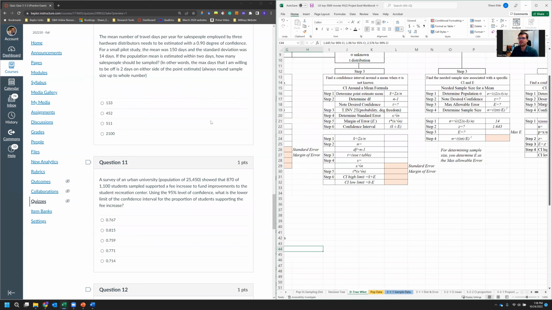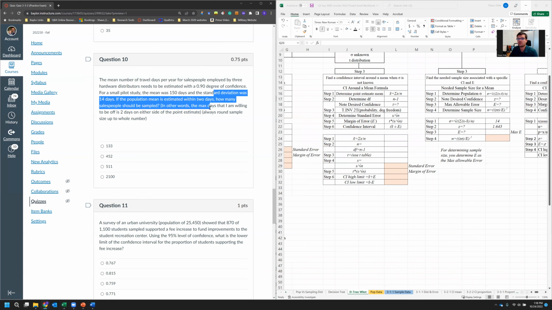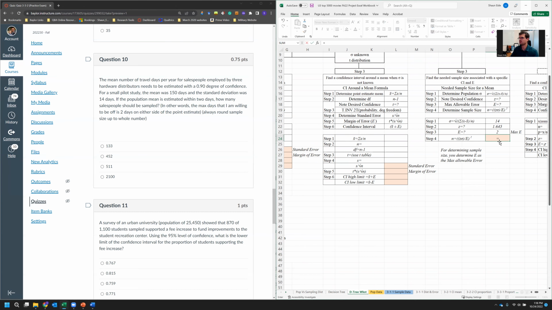Okay. The maximum allowable error is going to be 2 days. Okay. And then we are going to calculate the needed sample size. We're going to do equals, parentheses, the z-score multiplied by the standard deviation.